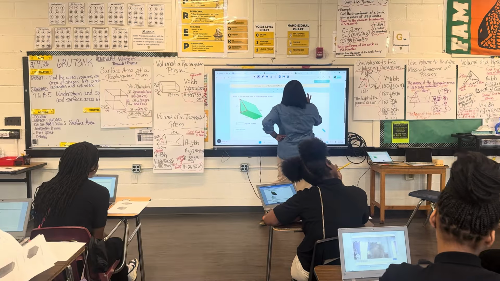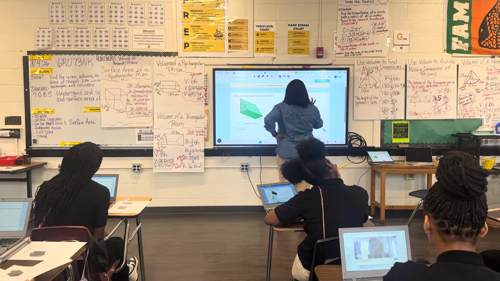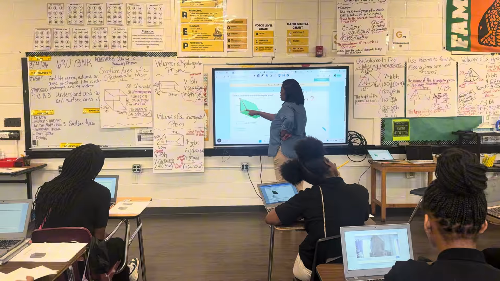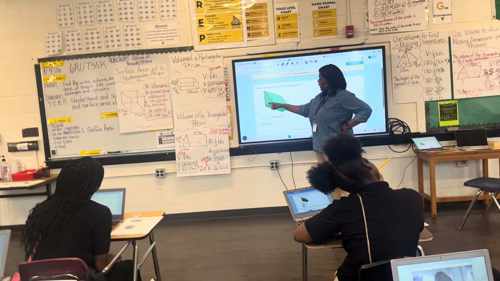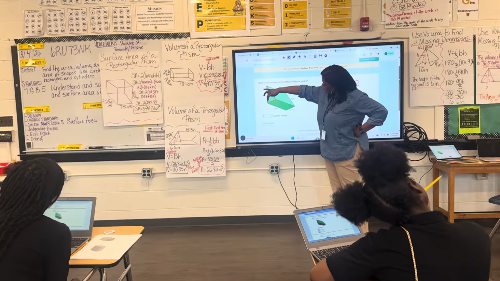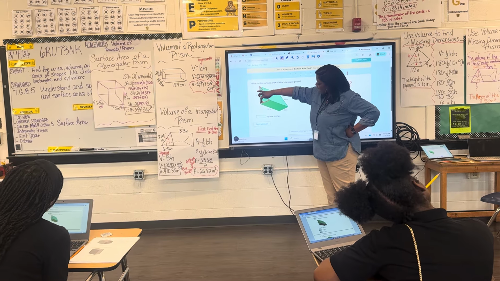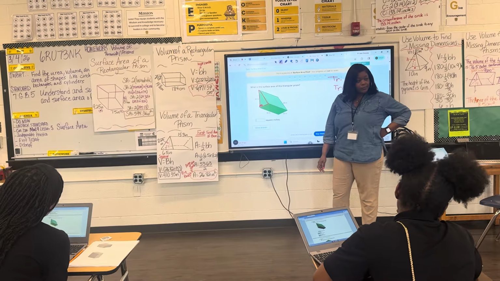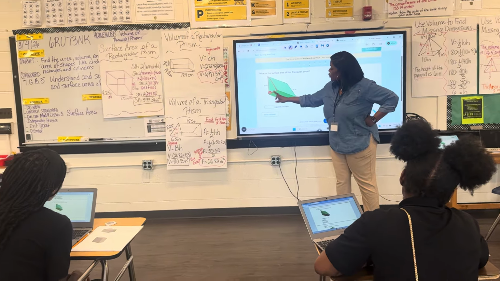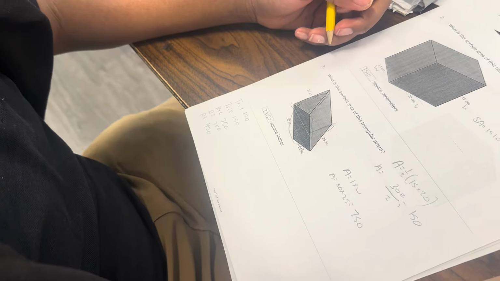The main thing I said was to focus on that right angle square, because the right angle square is perpendicular to the base and the height of that triangle. So you want to say that this here is 30?